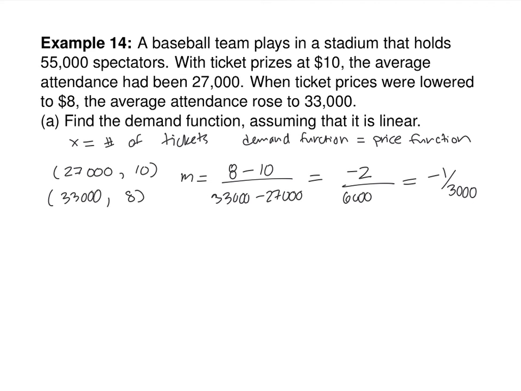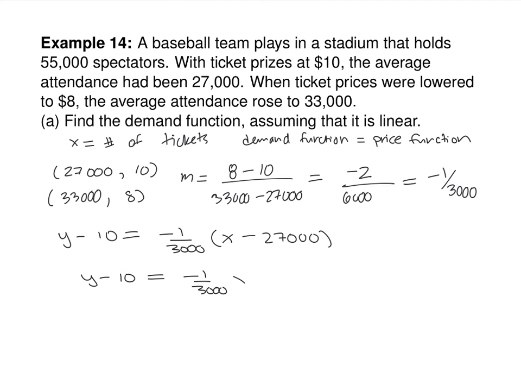Okay, so then y minus 10 equals negative 1 over 3,000 times x minus 27,000. Now, I think that's going to work out to be a nice number, because all the zeros cancel, and you get 27 over 3, right? So plus 9, do you guys agree with that?